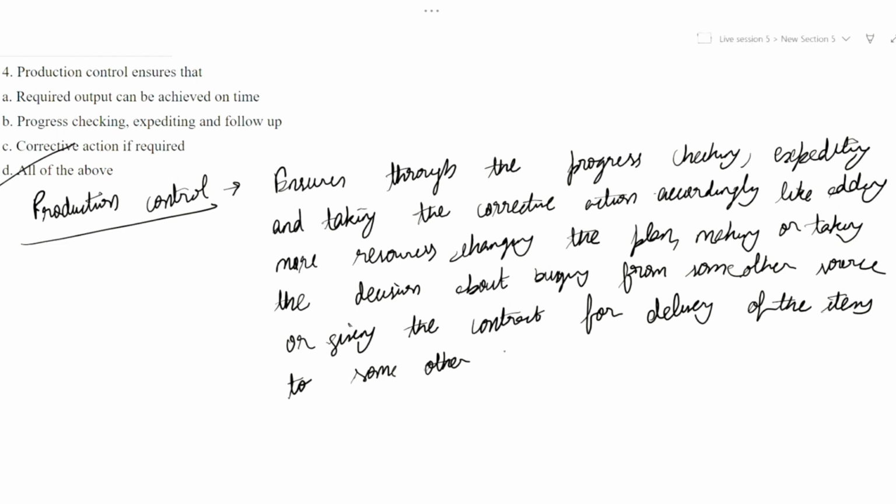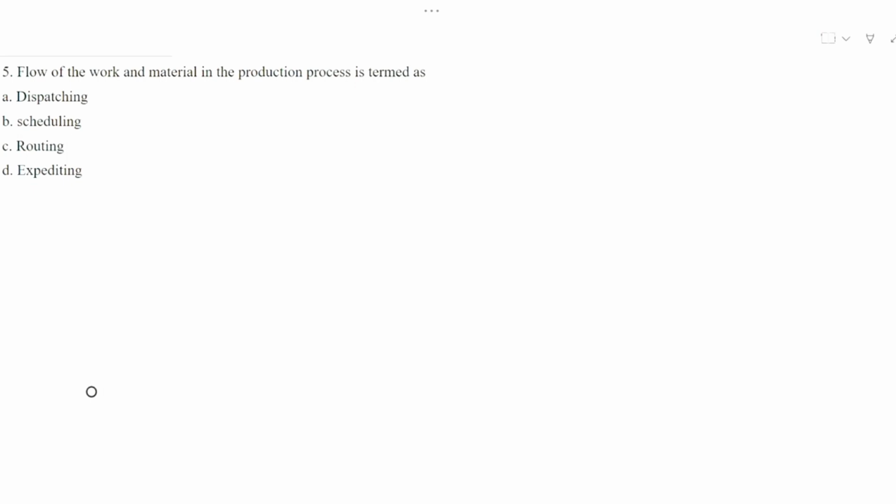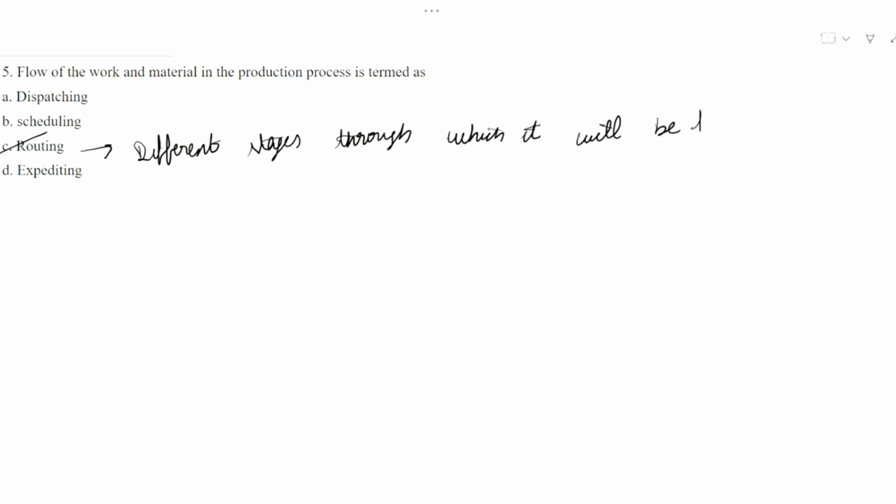Okay, so the next question is: flow of the work and material in the production process is termed as, this is known as routing. Routing is the different stages through which it will be passing.